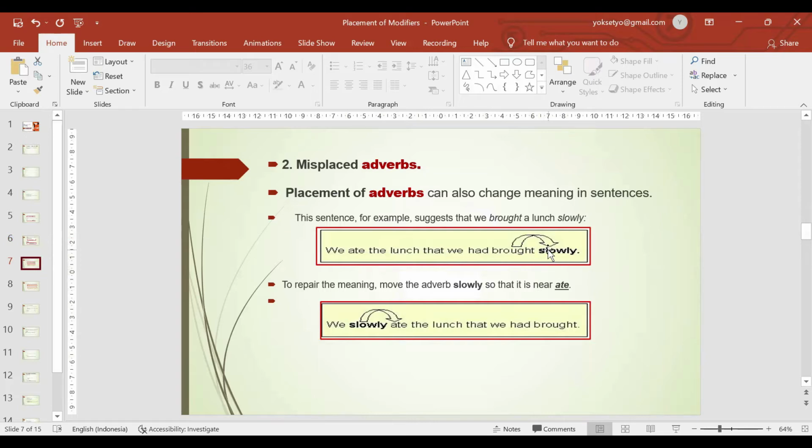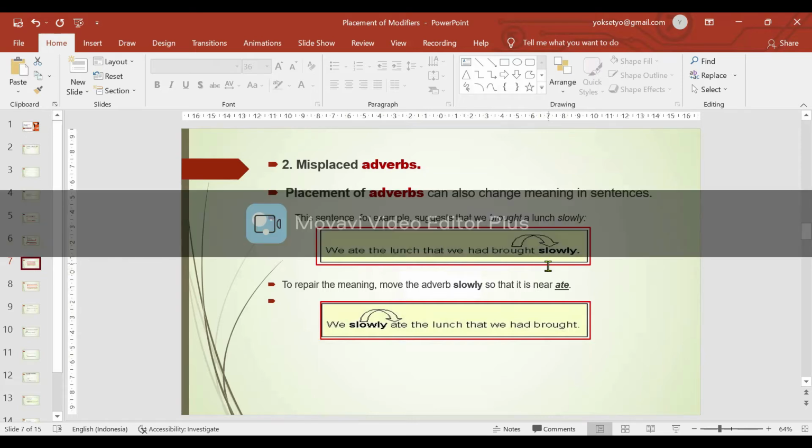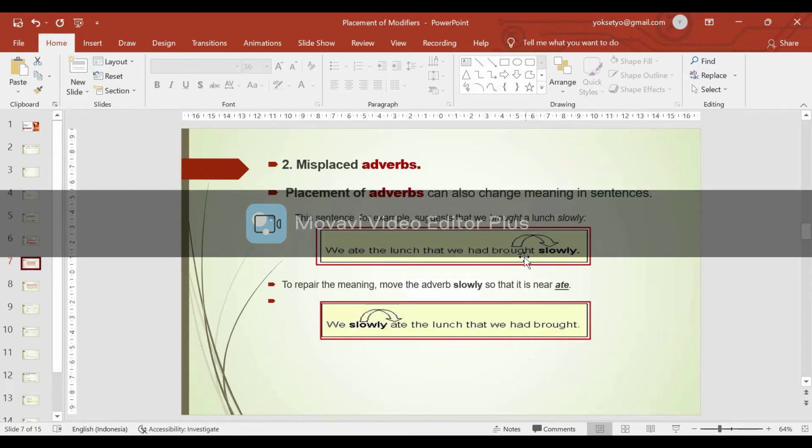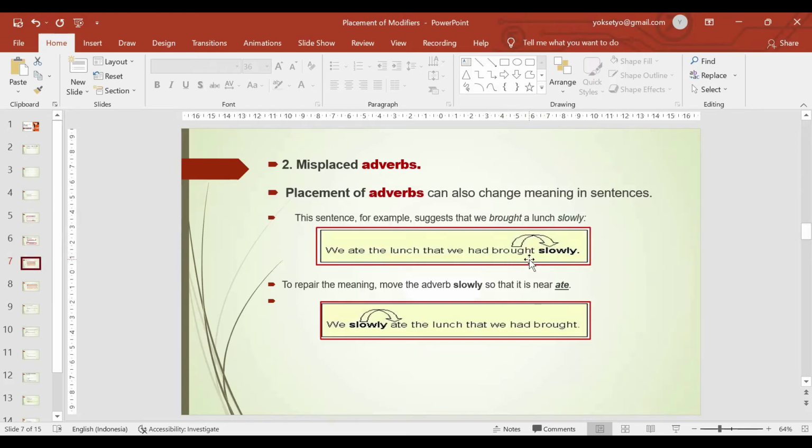It shows us that slowly modifies brought, right? Because the word slowly is placed closely to the word brought. So meaning to say that slowly modifies the word brought.